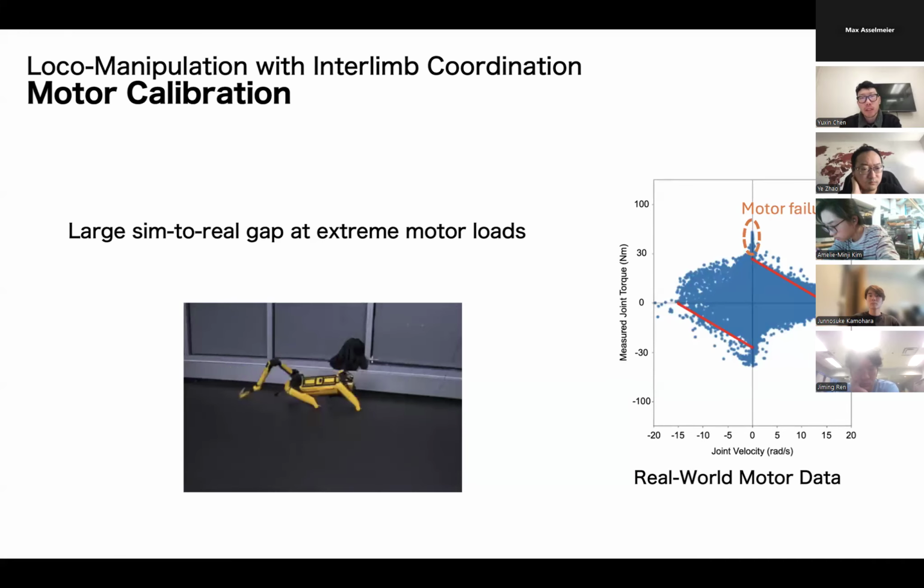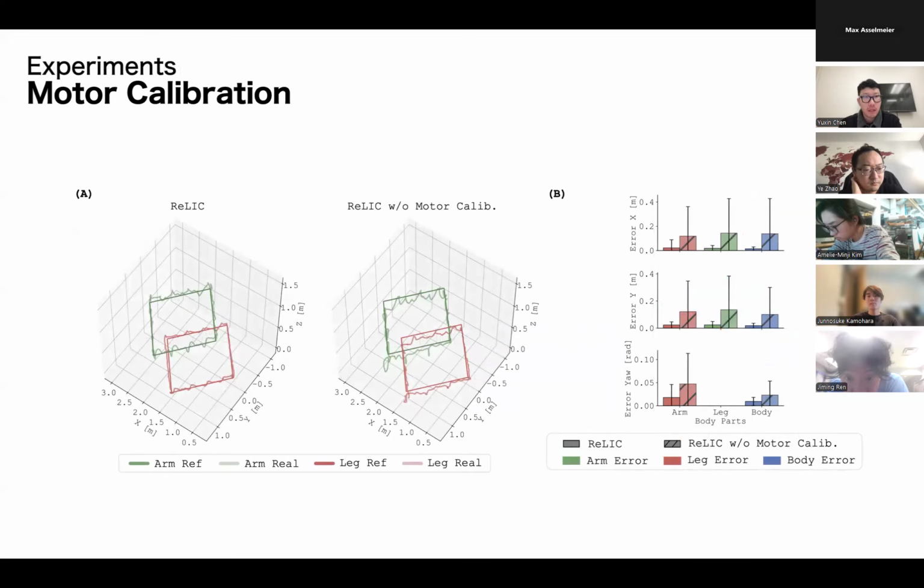For the motor calibrations, as I mentioned previously, if the motor has super large loads, we will have a very large sim-to-real gap. So all these blue points, we sample using system ID, and then we manually fit a curve, and then feed this into the hyperparameter setting of the RL training. And here are some quantitative results.